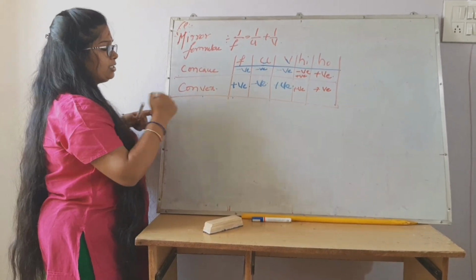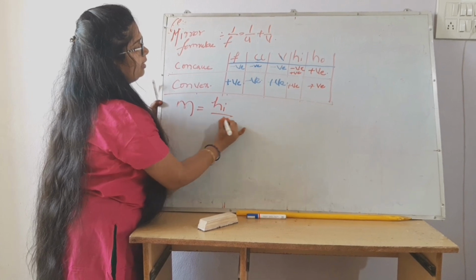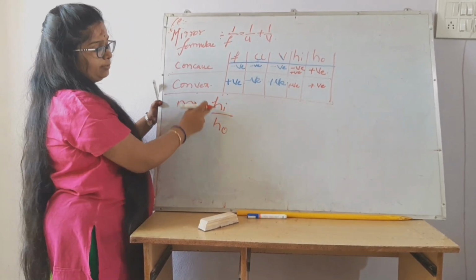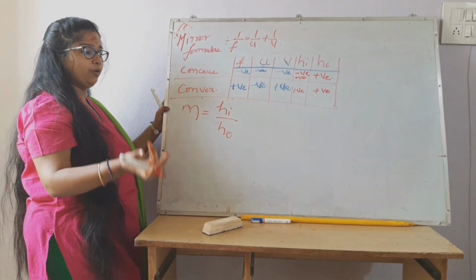So, the magnification formula will be given like this. M is equal to HI by H naught, height of the image by height of the object. In maximum cases they don't give the heights.